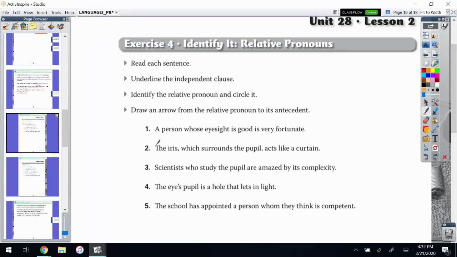a person whose eyesight is good is very fortunate. Our independent clause is a person is very fortunate. Our relative pronoun is whose. And the antecedent is person because we're talking about a person.